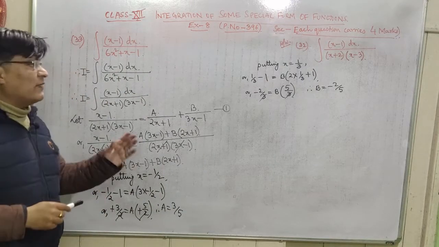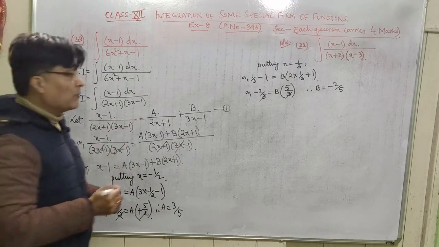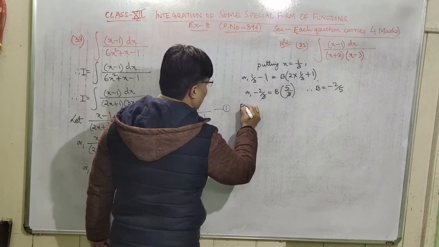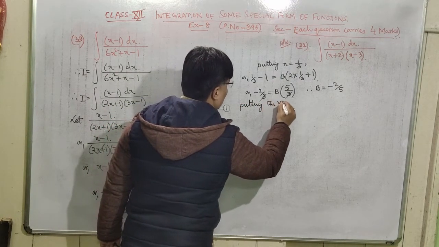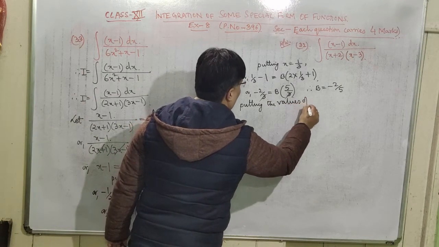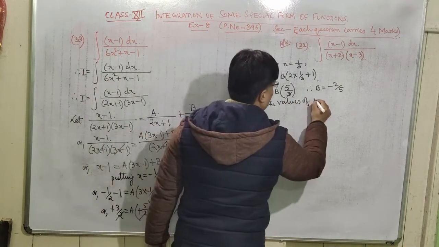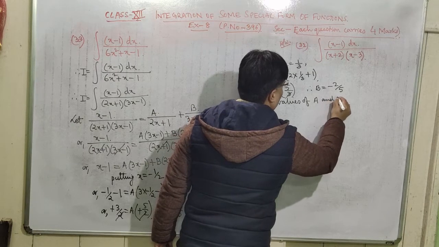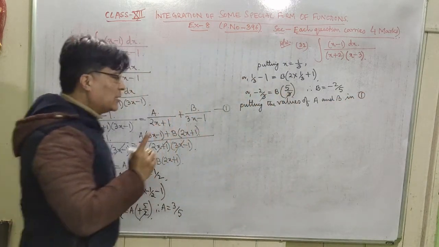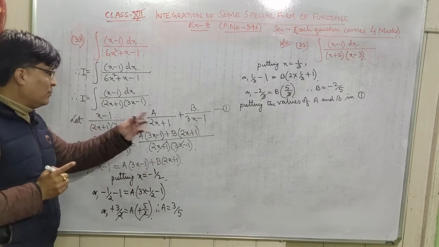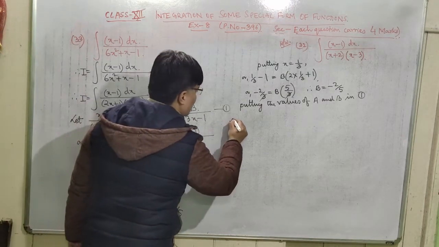So let us put these values of A and B in 1. So putting the values of A and B in 1, let us put those values of A and B in 1. So what do we get?